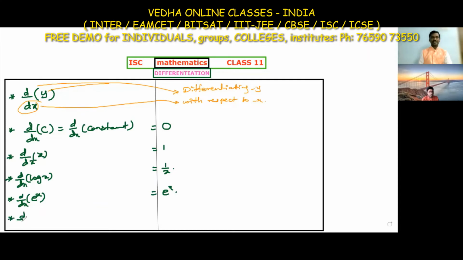And the formula for x to the power n is n into x to the power n minus 1.